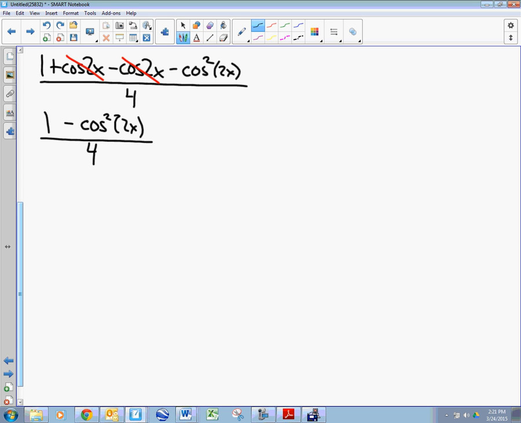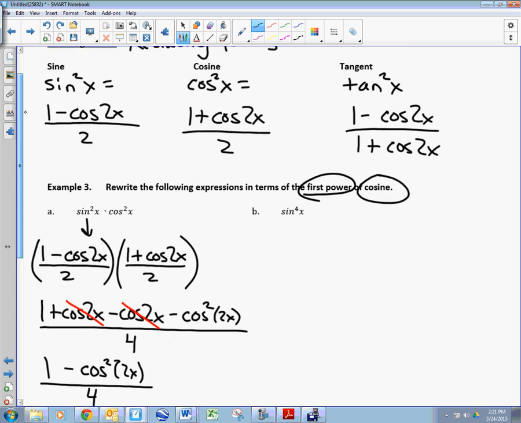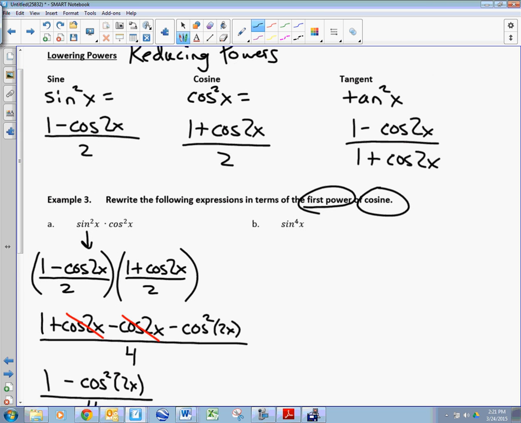Am I done? The whole goal is to write it as cosine to the first power. So I must make another substitution to get rid of this cosine squared. The only difference is we know what cosine squared of x the substitution is, but we don't know cosine squared of 2x, so we got to make a new formula.